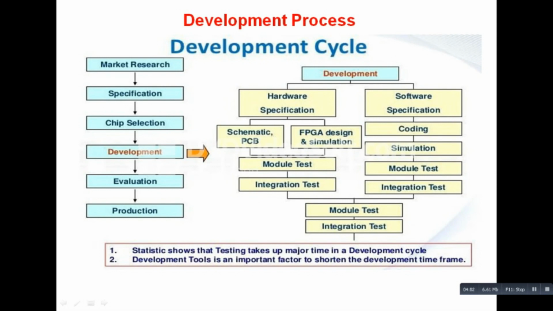After that, we combine the hardware and software. We test the hardware and software combination module wise, and after that we combine all these things into one single unit, and then we perform the integration testing. After performing all this, we develop one system, and then we evaluate that system, and then we go for production.